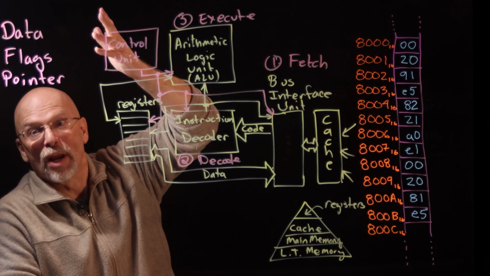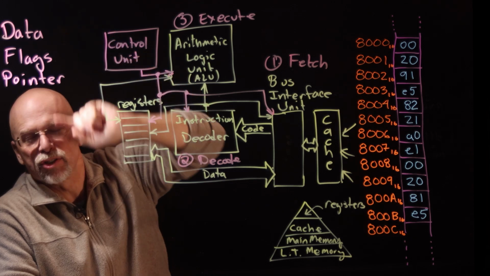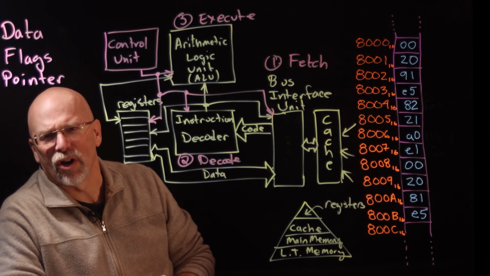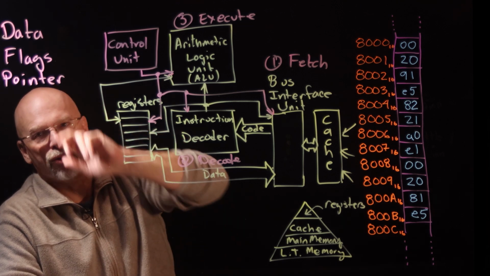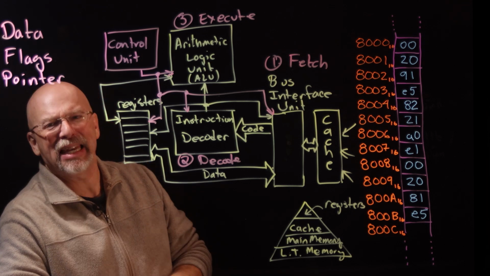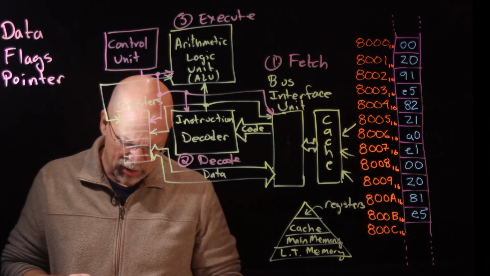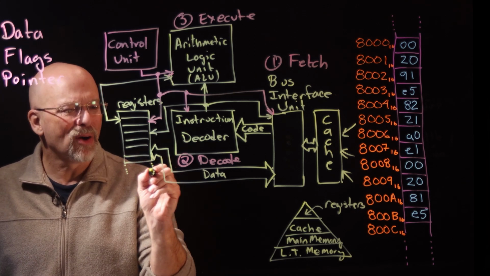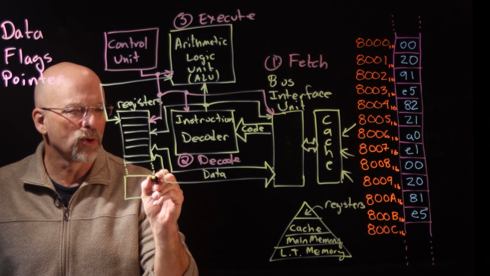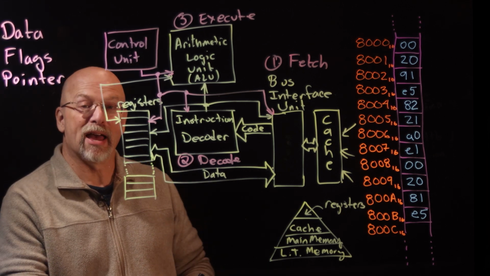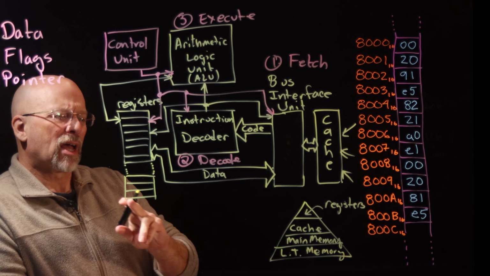So registers can contain data, flags, or addresses. Some registers are called index registers that also store addresses. But there are a couple of these address-containing registers that I want to talk about. If you go all the way down, I know I'm kind of biased towards ARM processors. I don't mean to be. It's just what I have more experience with.